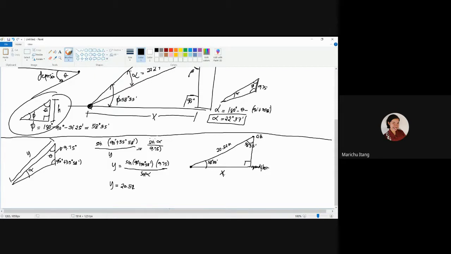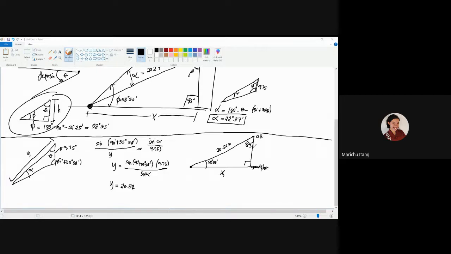Based on this illustration, you can now directly solve the value of x. You can either use sine law or the Pythagorean theorem. What's the value of x? Arka, can you open your mic? You have the answer now.